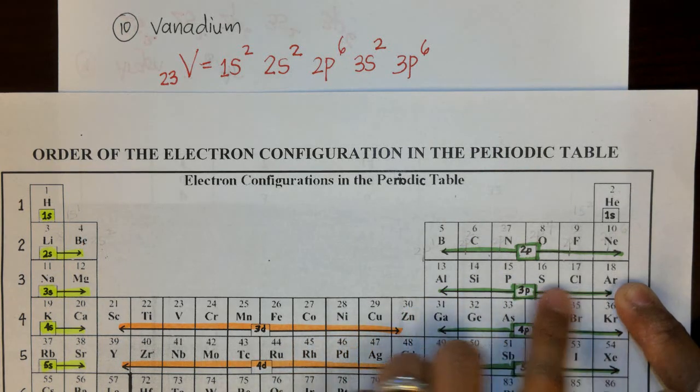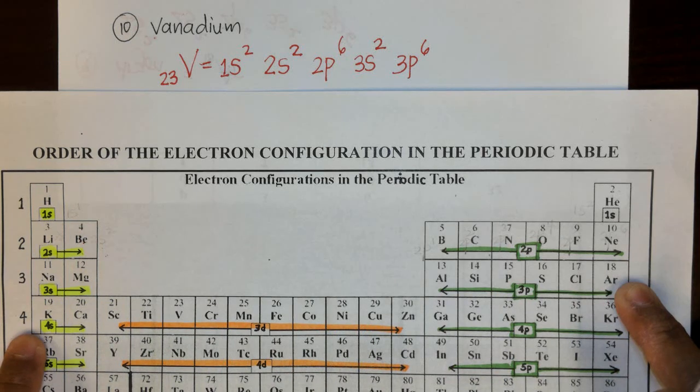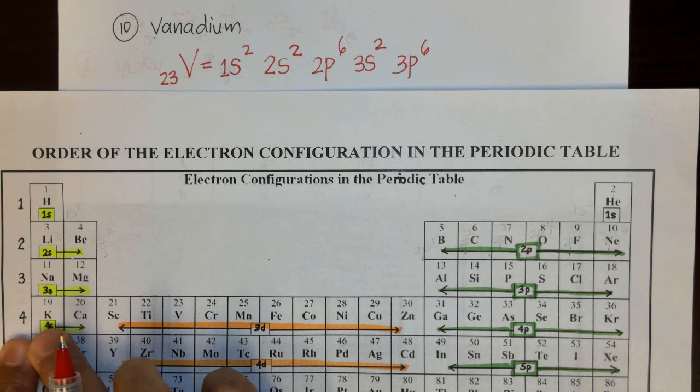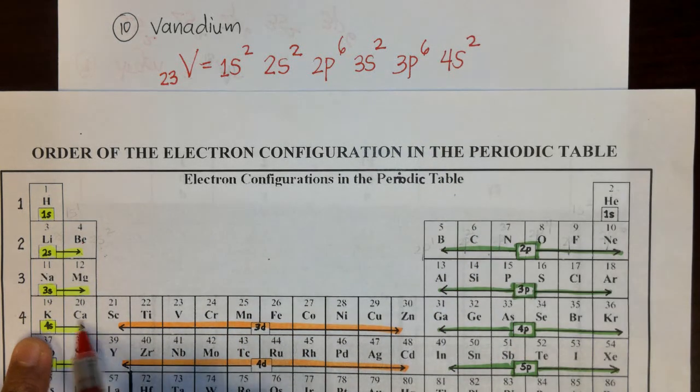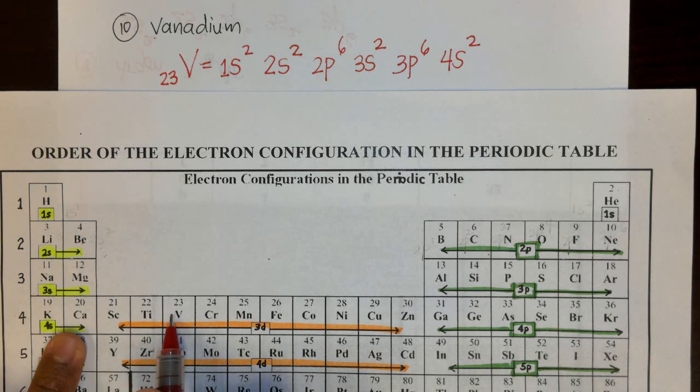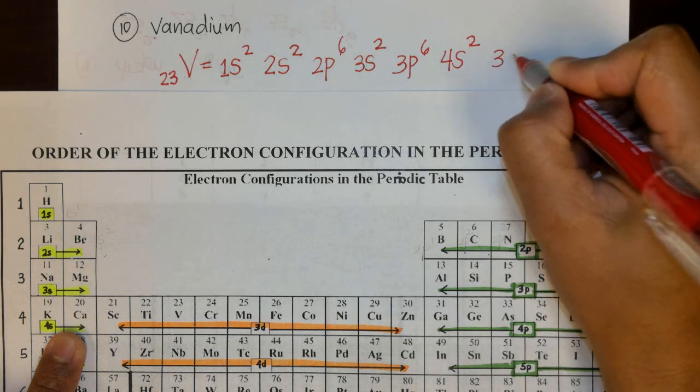After 3p6, we go down now to the fourth energy level, and it begins with 4s. There are two elements here, so that's going to be a 4s2. And then finally, after 4s, I reach my V, and my V is a 3d. So that's 3d.